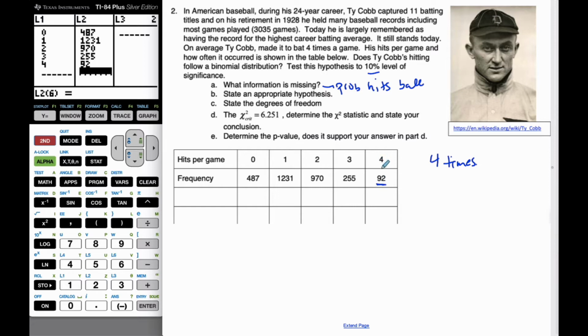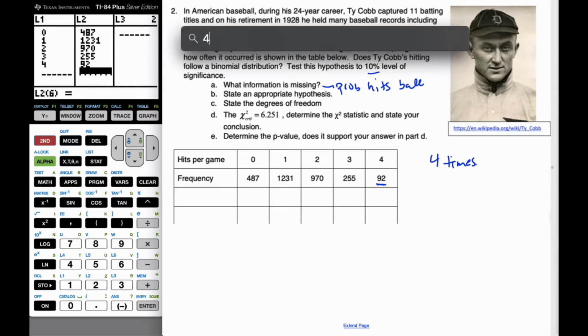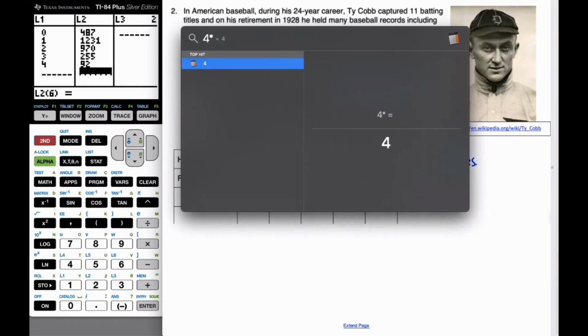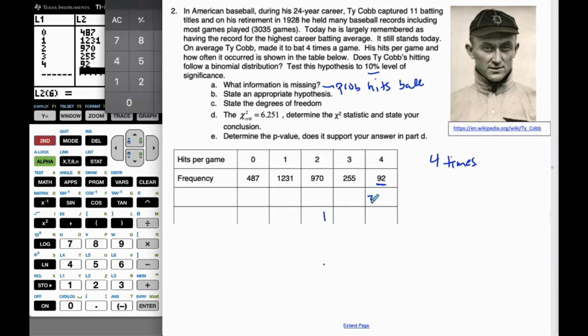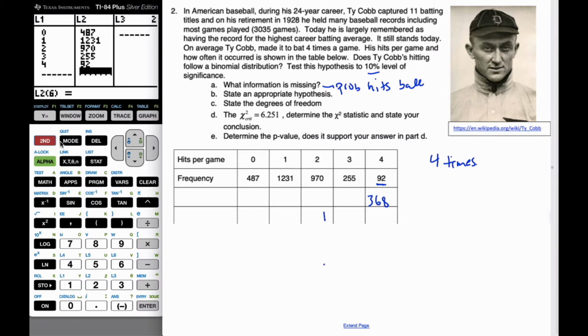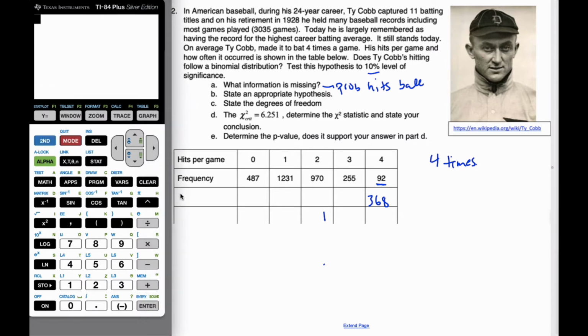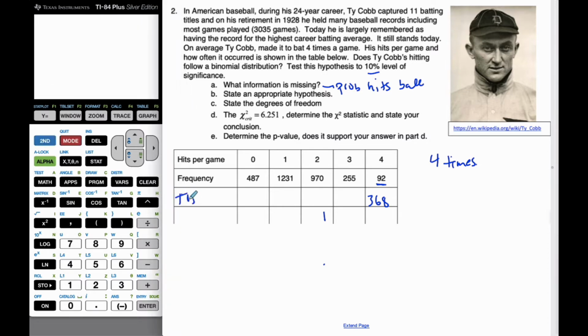So in total, if I go 4 times 92, in these 92 games he had 368 hits. Okay, and this is total hits. In this game, we had 0 hits.